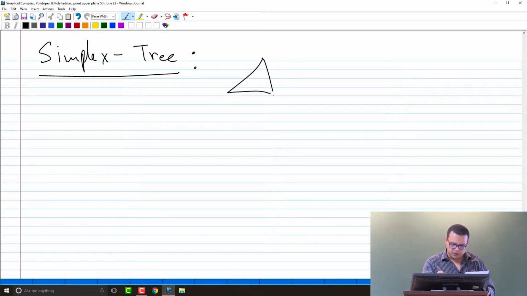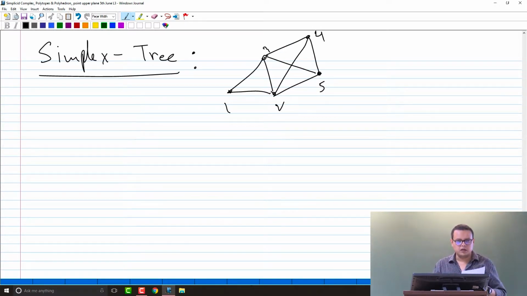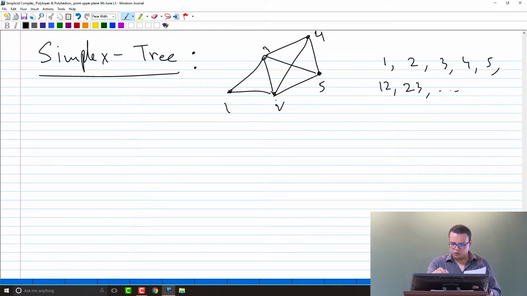So we have 1, 2, 3 and this tetrahedron. The simplices will be thought of as 1, 2, 3, 4, 5, 1, 2, 2, 3 like this. And another one you have is 2, 3, 4, 5.